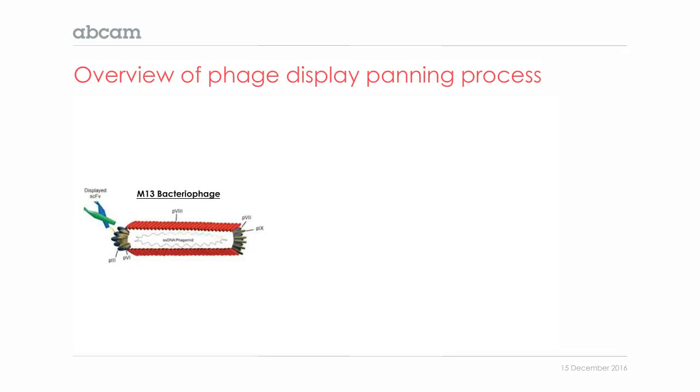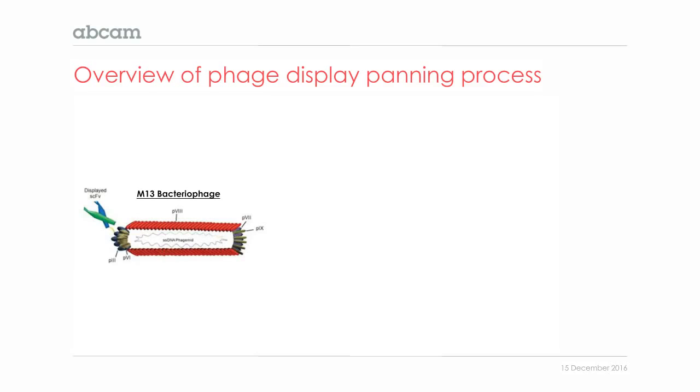So now I'll go into a little bit more detail about how phage display works and what the panning process entails. So the diagram shown shows an M13 bacteriophage. This is one of the most commonly used type of phage for phage display. And what you'll notice is that this phage contains a phagemid DNA surrounded by a number of different viral coat proteins.